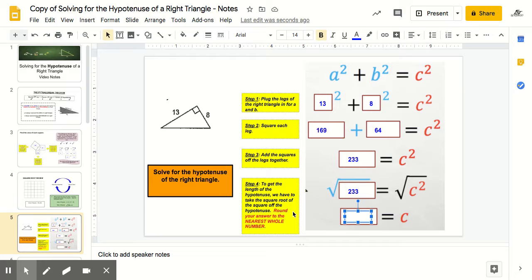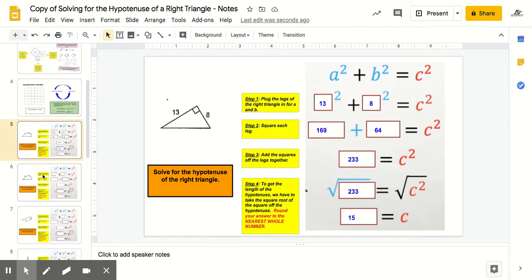So if you plug the square root of 233 into a calculator, you would get about 15.264, and so on and so forth. Again, we're rounding that to the nearest whole number, so this will round to 15. So the length of the hypotenuse is equal to about 15, rounded to the nearest whole number.